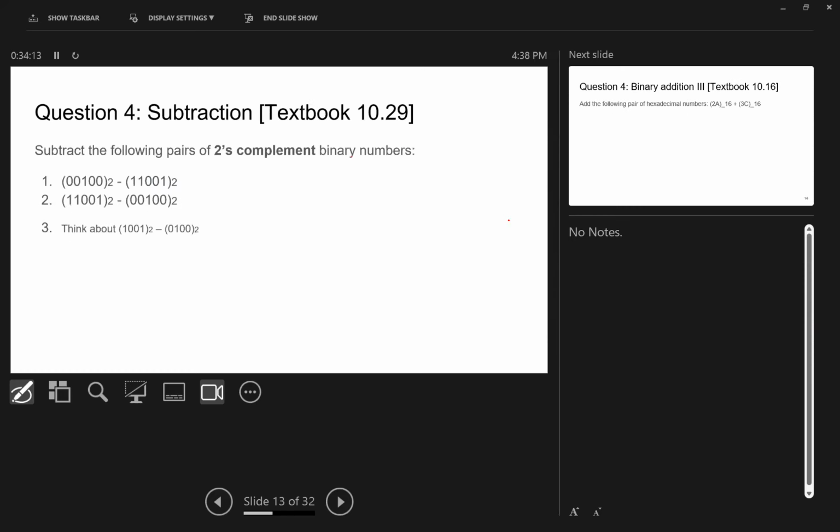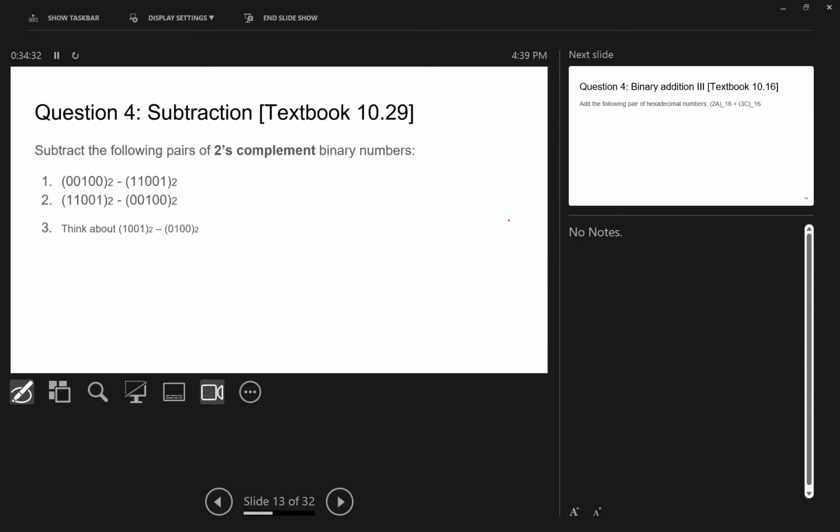You can do the following notations, and that's quite similar. And here is question 4. You are asked to do subtractions for 2's complement binary numbers. How could we do this?